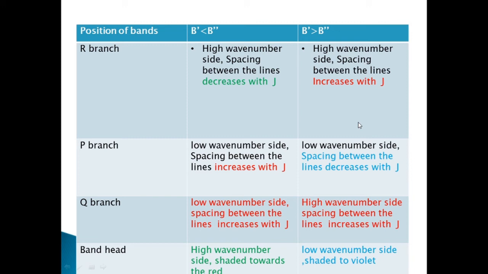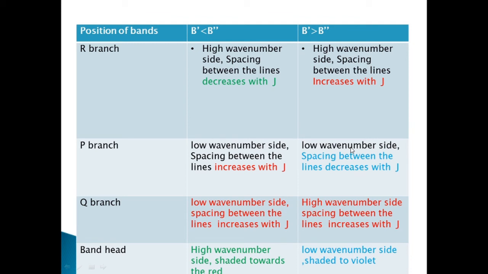But when the situation changes, that means B prime is greater than B double prime, the R branch here also occurs at the high wave number side, but the change is that the spacing between the lines increases with J. Previously the spacing decreased with J, but when the rotational constant of the excited state is greater than the ground state, the R branches occur at the high wave number side, but the spacing between the lines increases with J. What about the P branches?